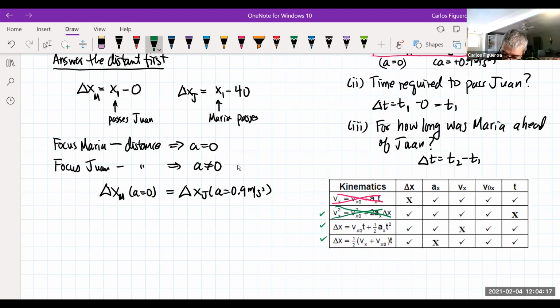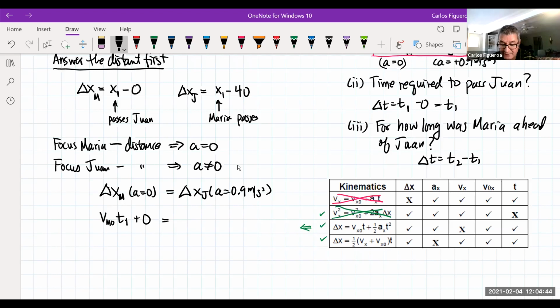So I have to use one of these two for Maria. I'm going to choose this one right here. So if I choose this one for Maria, this equation reads V Maria initial times T1 plus 0. Now I have to focus on Juan.